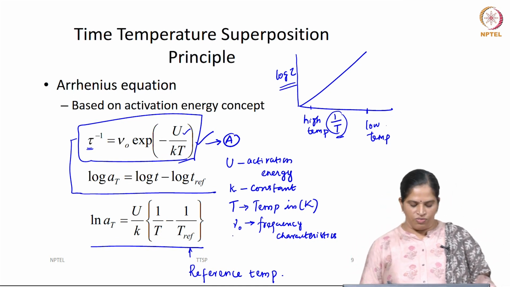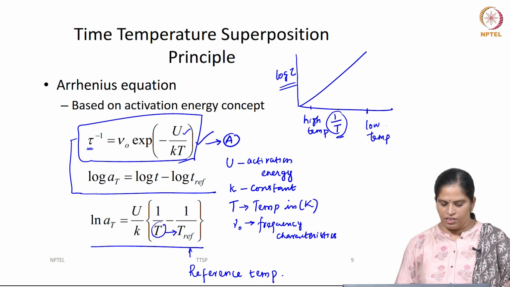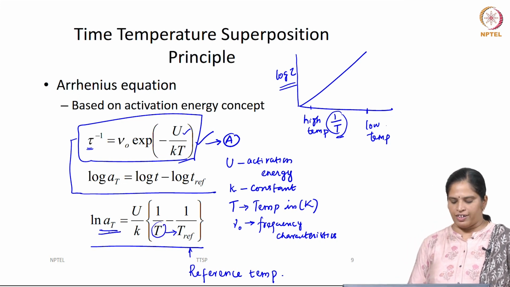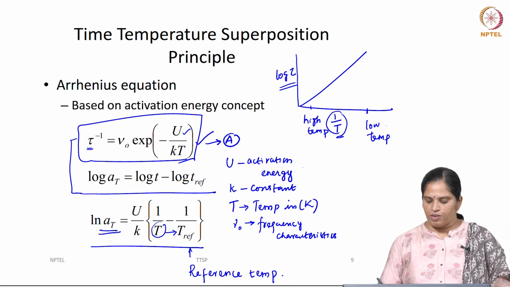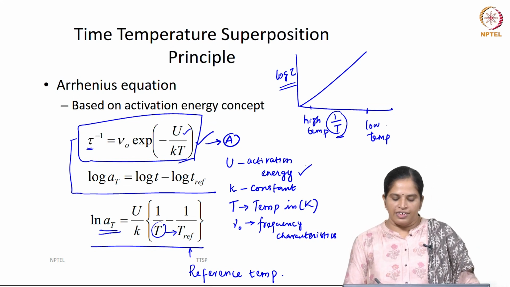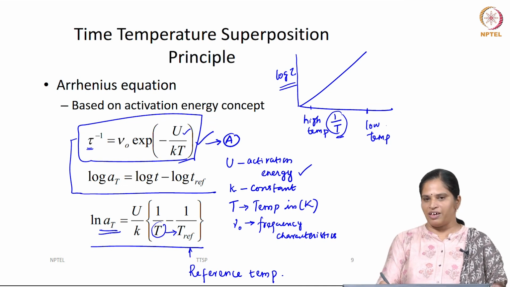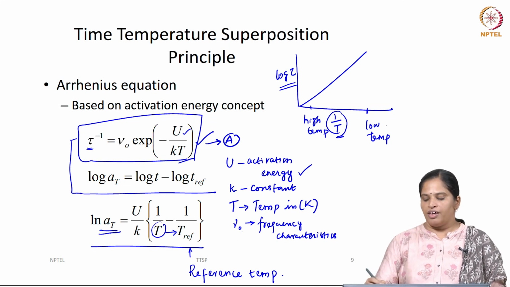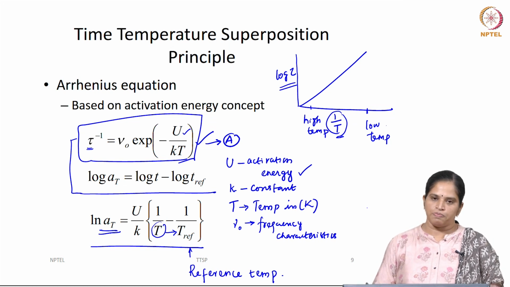If I want to shift any temperature data to the reference temperature, I can use this shift factor as per the Arrhenius equation. This equation is based on the activation energy concept and says that the logarithm of time, which can be the relaxation time of a material, varies in a linear pattern with respect to the inverse of temperature.